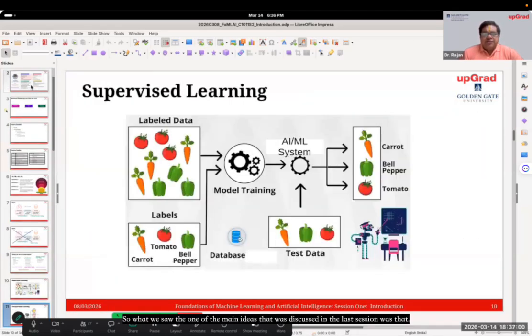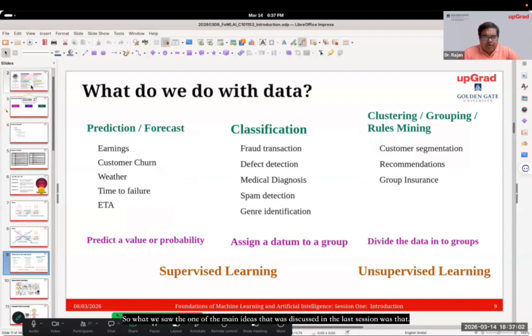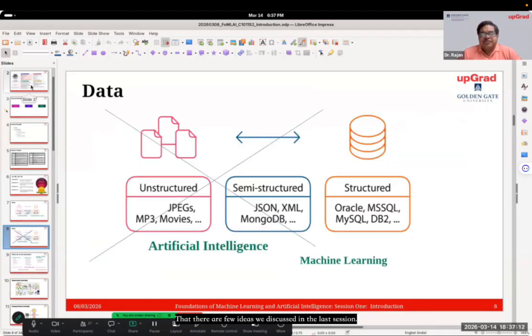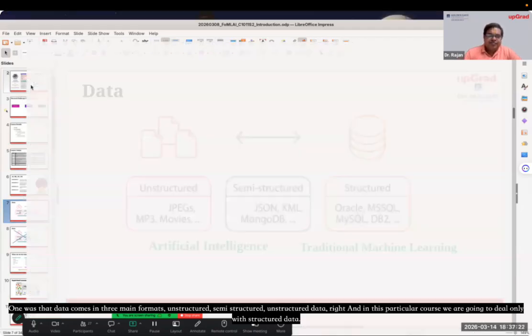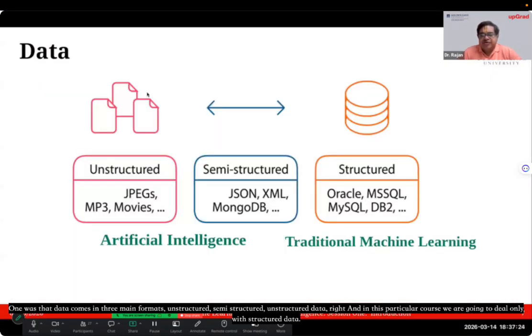So one of the main ideas discussed in the last session was that data comes in three main formats: unstructured, semi-structured, and structured data. Right?